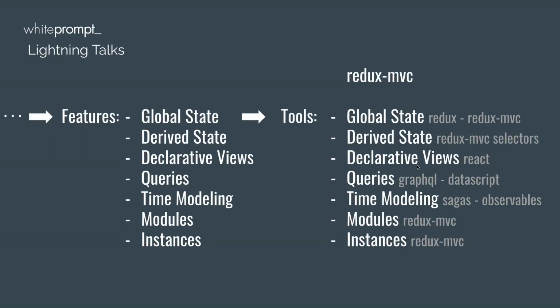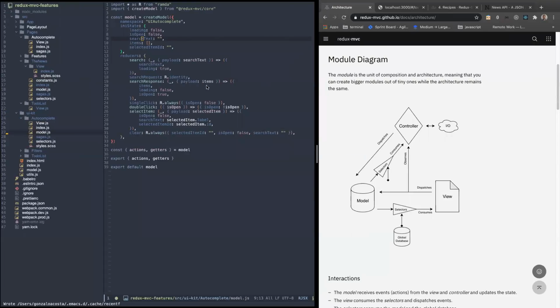Like reducing the boilerplate, for example. These actions and getters are helper functions.